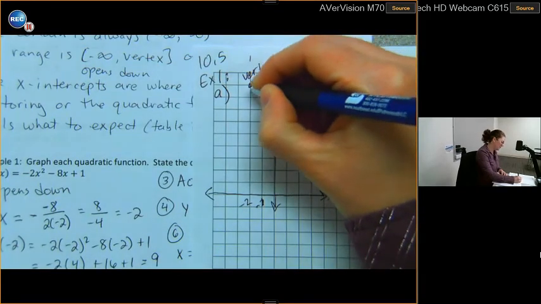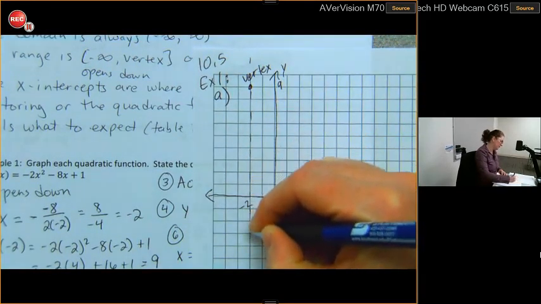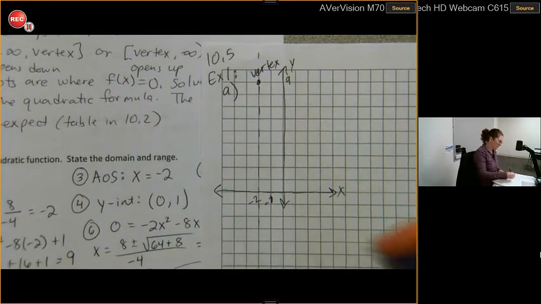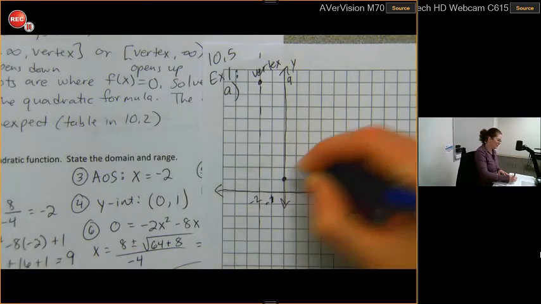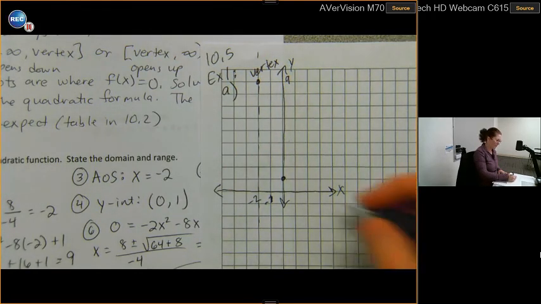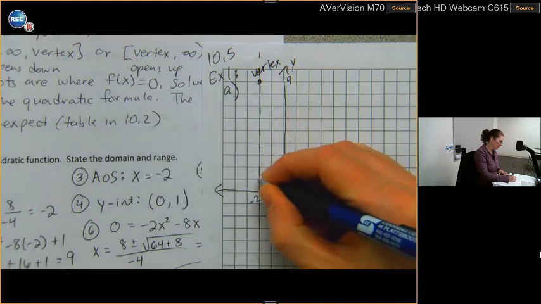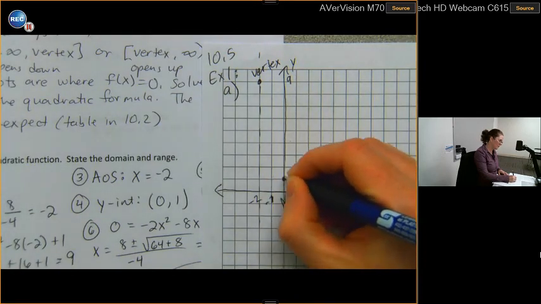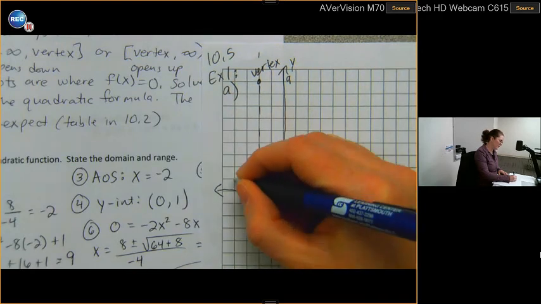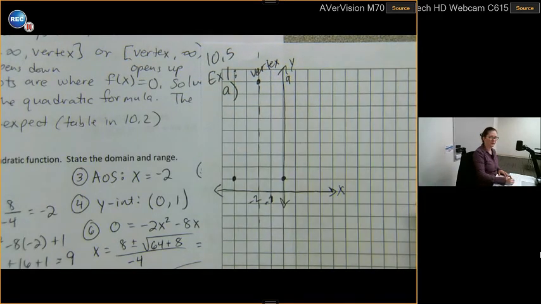My axis of symmetry is just a dash. It's not really there. I put it in as a dashed line to remind me that this is a line of symmetry. My y-intercept is 0, 1. By symmetry, since I have this point 2 steps away on the right side of my axis of symmetry, I also have a point 2 steps on the left side.